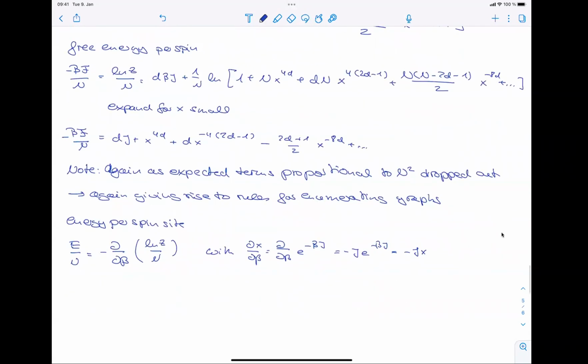So using this, we're now taking the derivatives d by d beta of these x terms. We get a J contribution from the ground state, and then minus 4 J.